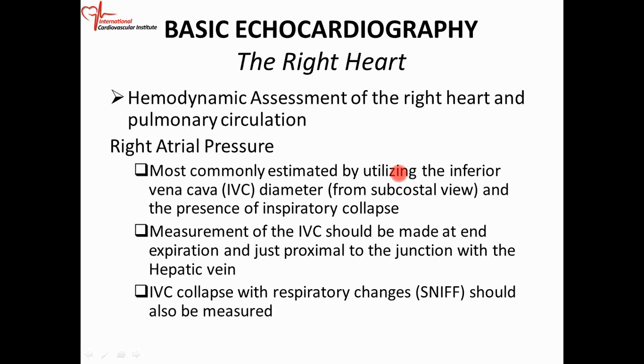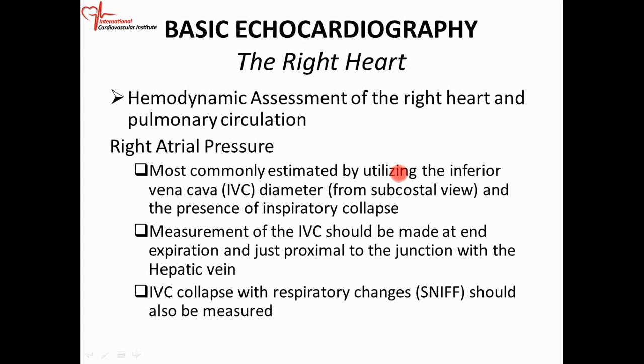But as I mentioned before, that gradient is equal to the systolic pressure in the RV minus the pressure in the RA, right atrium. So if you just rearrange that equation, the systolic pressure in the RV is equal to the gradient plus the right atrial pressure.